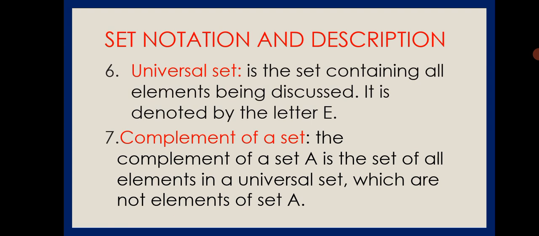It simply means that the members in set A, which are 2 and 3, are subtracted from 1, 2, 3, 4, 5, the universal set. Meaning, at the end, the complement of set A is going to be 1, 4, and 5, since the elements 2 and 3 of set A are subtracted from the universal set.